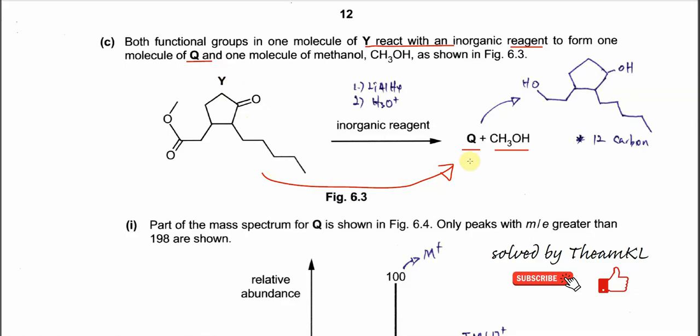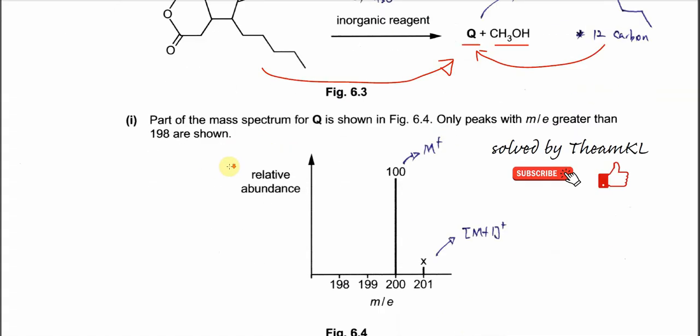Therefore, Q must have 12 carbon inside, because the other product, methanol, has 1 carbon. Total carbon must be 13. So you need to understand this for part 1 later.